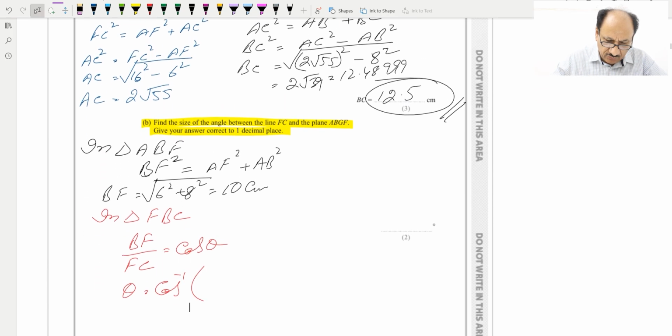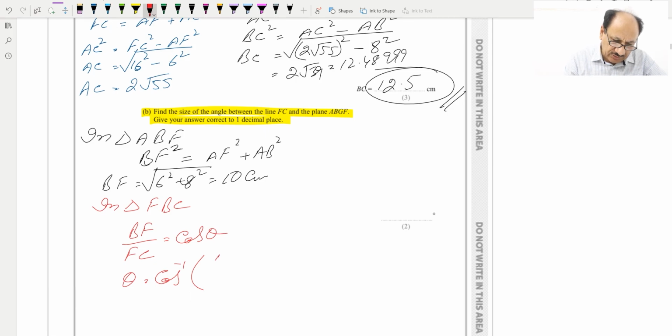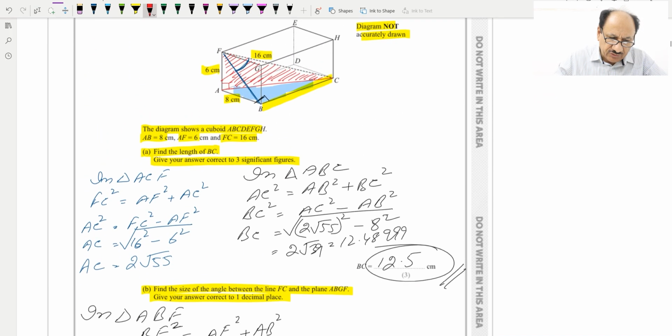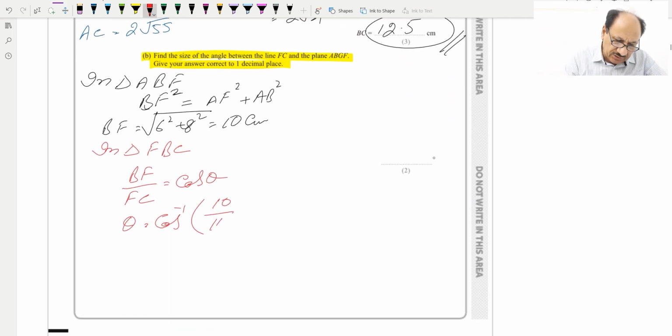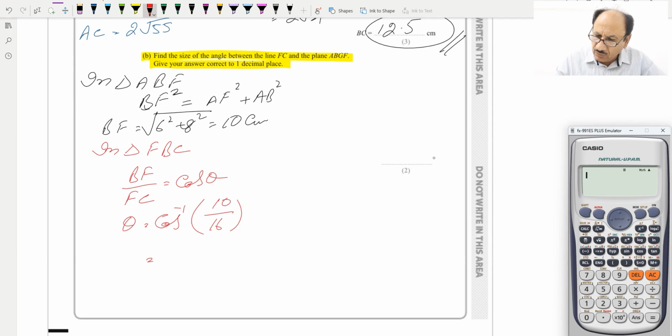BF we just found is 10, so 10 over FC, which is given as 16, so we can write here 16, and this will be equal to shift cos of 10 over 16, and this will be equal to 51.3.